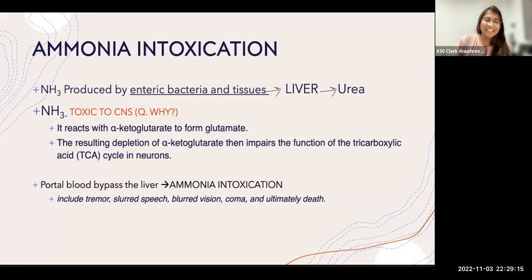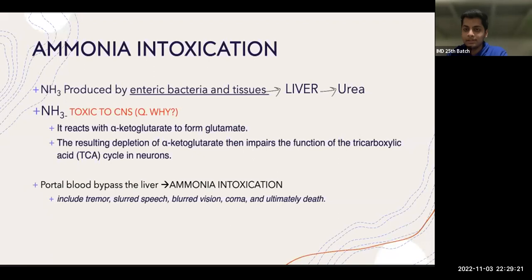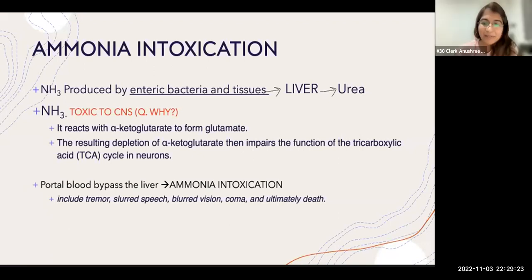Guys, what does the TCA cycle give you? ATPs, GTP. Exactly. ATP is nothing but the energy. So if you don't have the basic molecule to give you ATPs, the levels of ATP in the brain will start going down. Okay. So this I'll explain in the next slide.